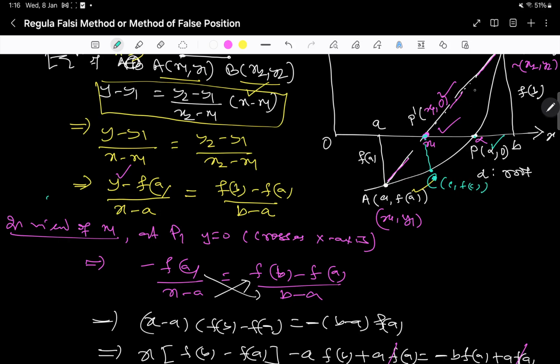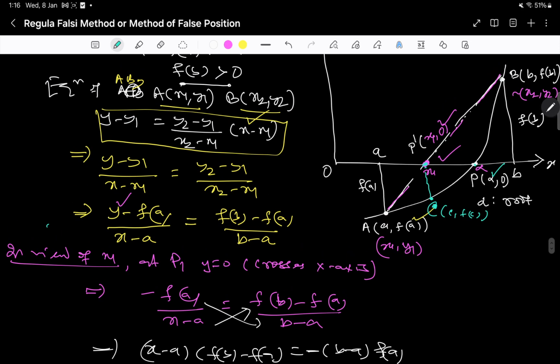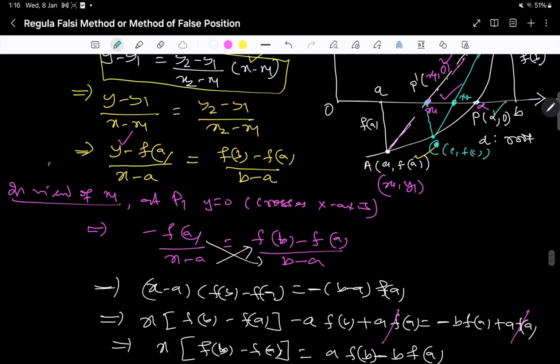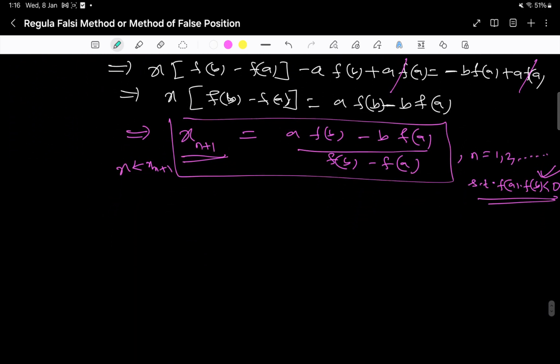Now I draw a chord again, joining these two points. So this point is my x2. x2 is another approximation which may be close to the original root alpha, and we can continue like this. For n equal to 1, I have my x2, right?